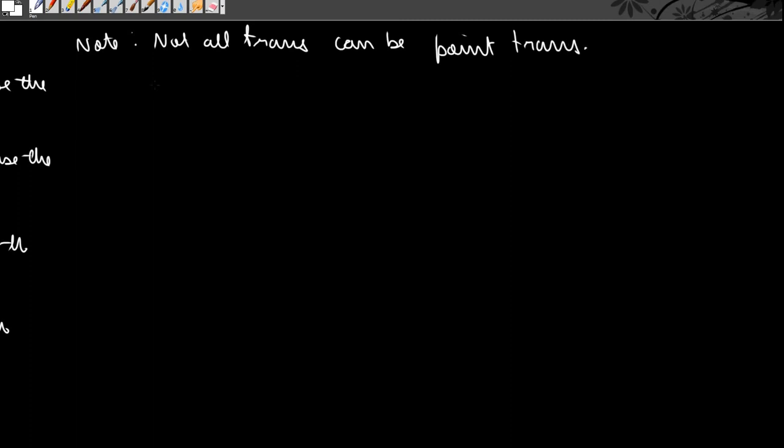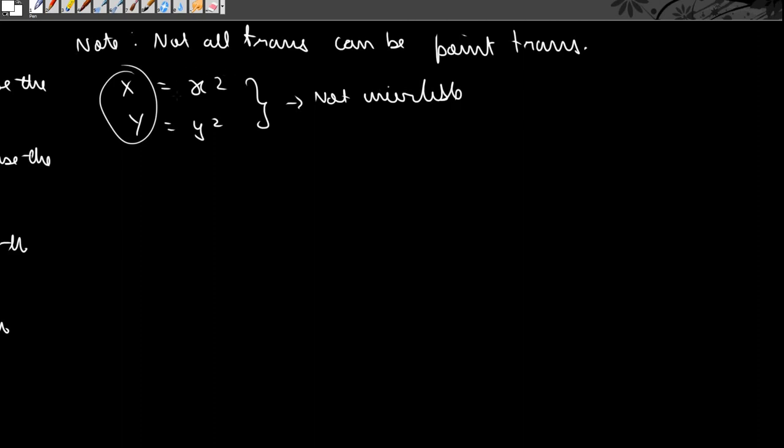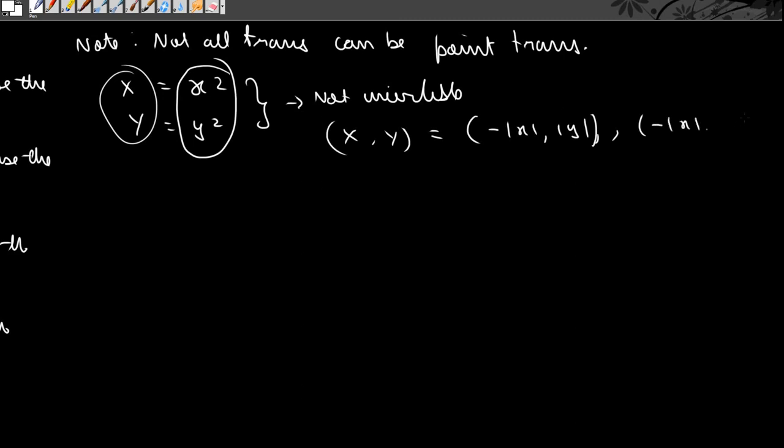Okay, so for example, if you consider new x, capital X, given by x squared and new y, capital Y, given by y squared, this is also describing a new set of coordinates, but this is not invertible, because for 4 different values of x and y we get the same value of capital X and Y, that is, capital X and Y is equal to minus mod x, mod y, or minus mod x, minus mod y, or mod x, minus mod y, and mod x, mod y.